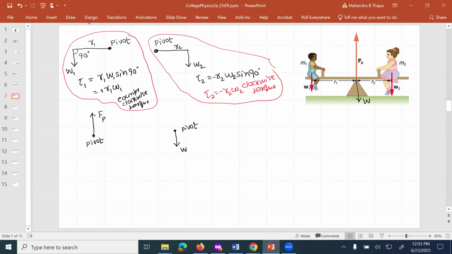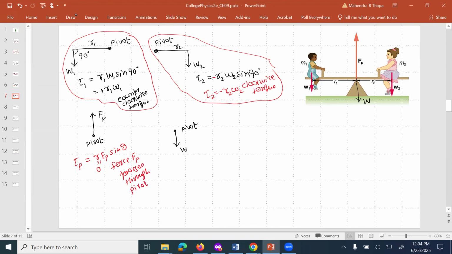Okay, let's see the torque due to force Fp. I call it tau P. If I use the same concept as above, the equation is R Fp sine theta. In this case, this R is 0 because this force Fp passes through the pivot point.